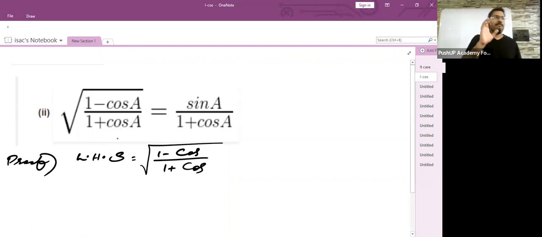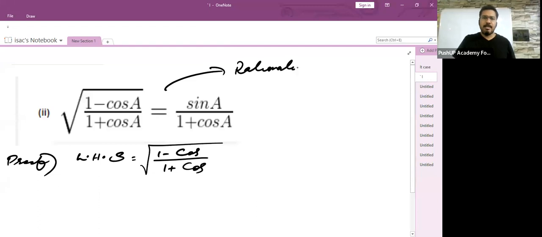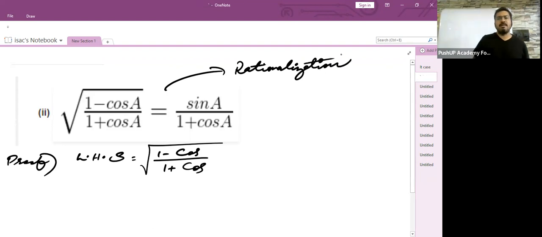You all are familiar with rationalization of the denominator or rationalization of the numerator. Whenever a square root based sum comes, always think of rationalization. Kindly make a note of this. Whenever a square root based sum comes, you will think of rationalization method. 99.99% of sums based on square roots are solved with rationalization. All right.